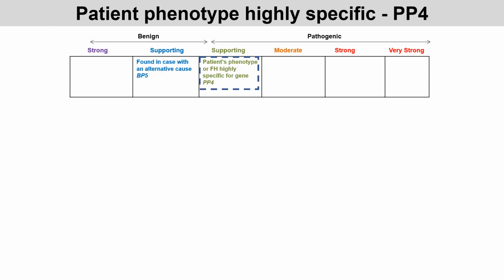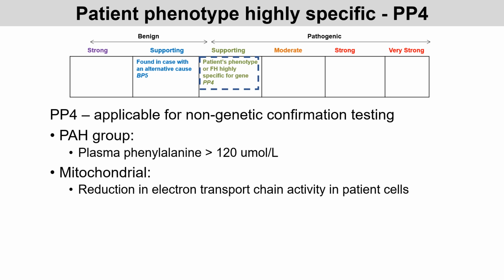So another criteria to discuss is this PP4 rule, pathogenic supporting piece of evidence, for when you have a patient's phenotype or family history that is highly specific for the gene. From SVI, we have thought that this criteria could also be used when you have some non-genetic confirmation testing.